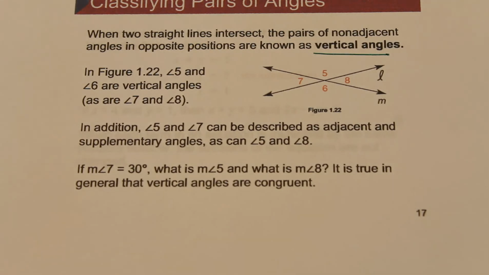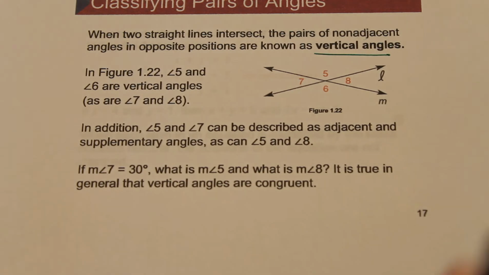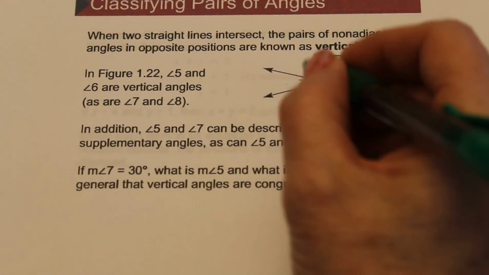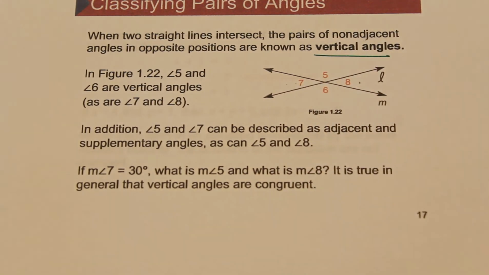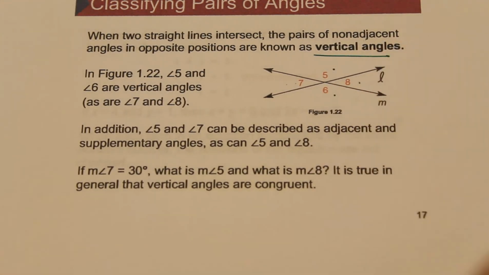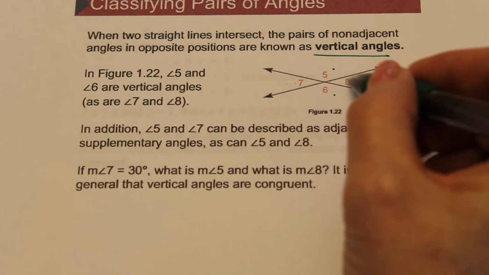When two lines intersect, the two non-adjacent angles, the two angles that are not touching each other, are the vertical angles. So angle 7 and angle 8 are vertical angles. Angle 5 and angle 6 are vertical angles. They're non-adjacent, they're not touching.